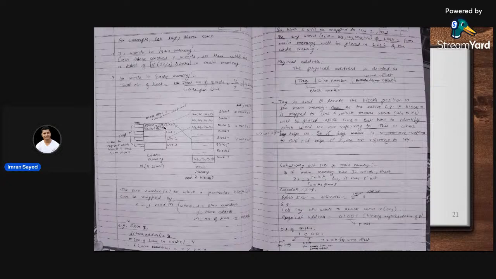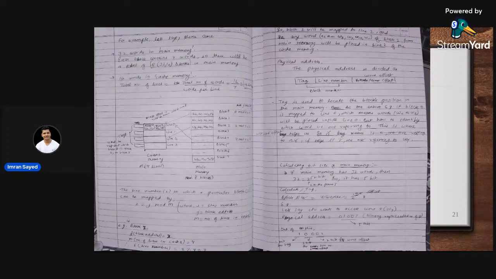Because there could be multiple blocks that could be mapped to a particular line. As you can see, block 4 is getting mapped to a line, and block 0 is also getting mapped to the same line. So how do we know which block is placed inside of that? That is determined by the tag. The tag is used to locate the block's position in the main memory.